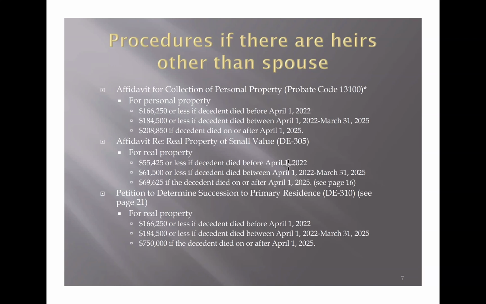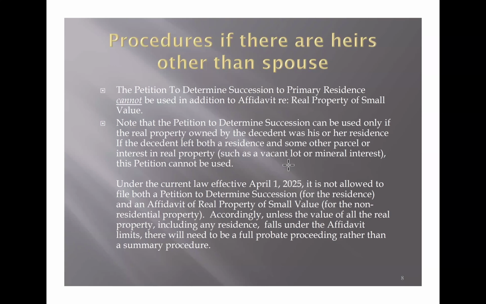There are, however, some glitches to it in my mind. You cannot use the petition to determine succession to primary residence with an affidavit real property of small value. So if the decedent died owning a house that would qualify for the petition for primary residence, but they also owned a vacant lot, a mineral interest, something of very small value, they are not allowed to use both of those together.